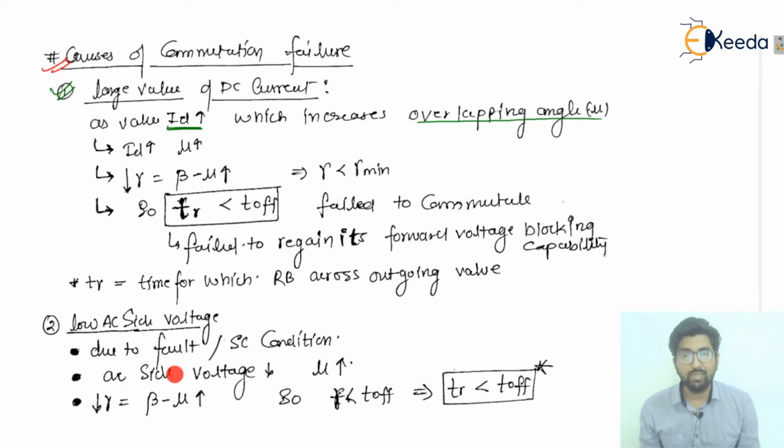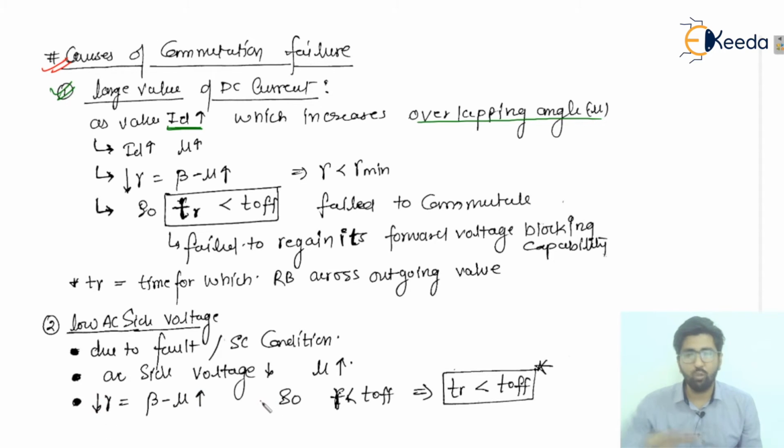If the AC side voltage decreases due to this fault condition, then the overlapping angle also increases. We have the relation gamma is equal to beta minus mu, so if mu is increasing, then gamma will decrease.